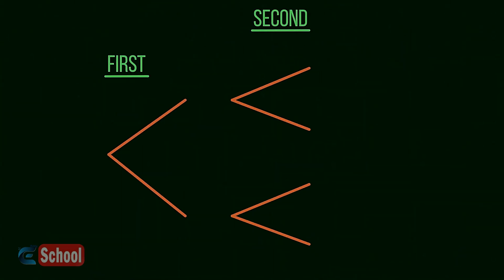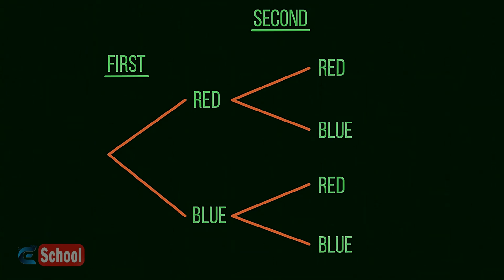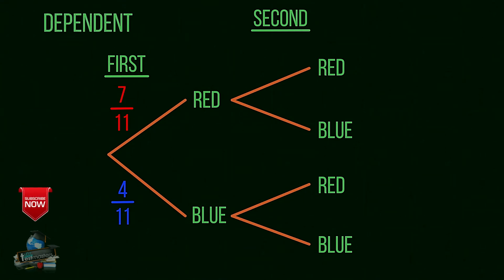To set up this question, we need a tree diagram and values to the branches. Our first stage of the tree diagram should look like this, with only the first values included. We now need to calculate the remaining values, remembering that they will change as these events are dependent. If the first choice is red, the second choice will have one less red available to choose from.